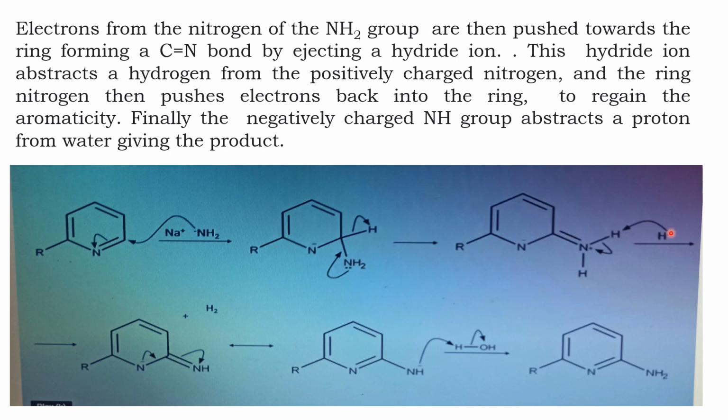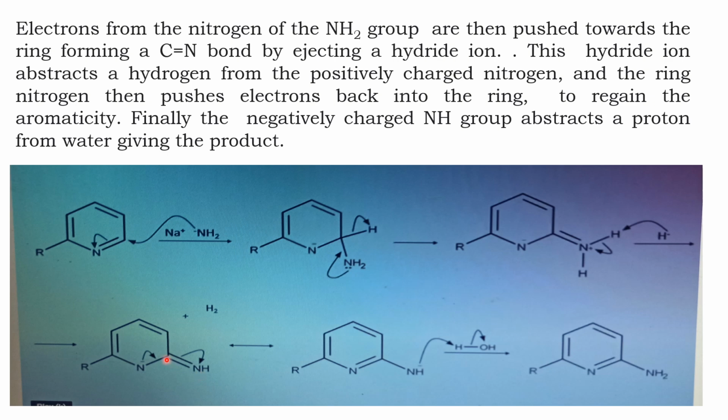See here, H minus abstracts H plus from the NH2 group, so that the nitrogen gets neutralized. Now the ring is not aromatic. To regain the aromaticity, the lone pair of electrons present in the nitrogen is donated to the ring, so that nitrogen gets a negative charge by losing the carbon double bond N bond.